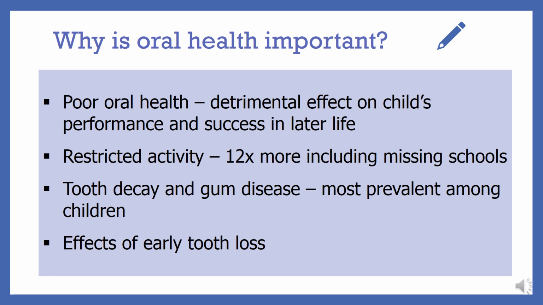Amongst other conditions, it was found that tooth decay and gum disease are the two most prevalent oral diseases among children. And premature loss of teeth may lead to sequelae like malalignment, impact on appearance, poor nutrition which can affect their growth and development.